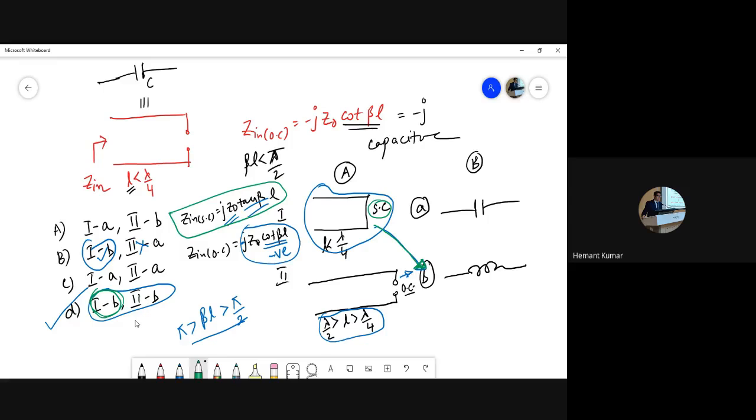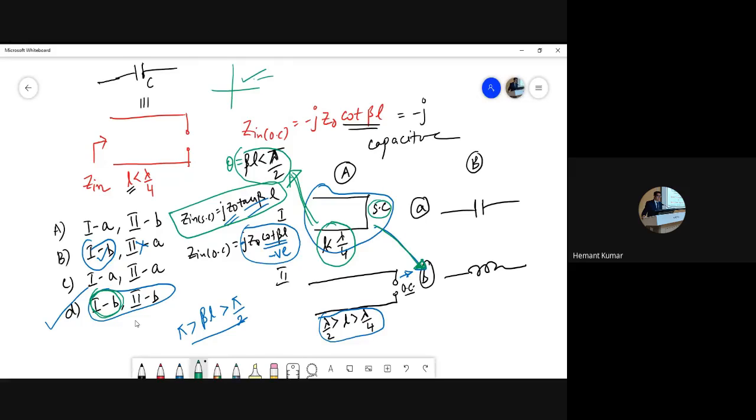And what is the length? The length is less than lambda by 4. If the length is less than lambda by 4, the electrical length will be less than pi by 2, so it is in the first quadrant.